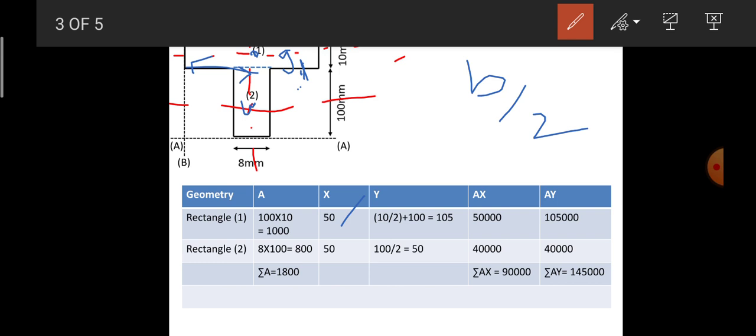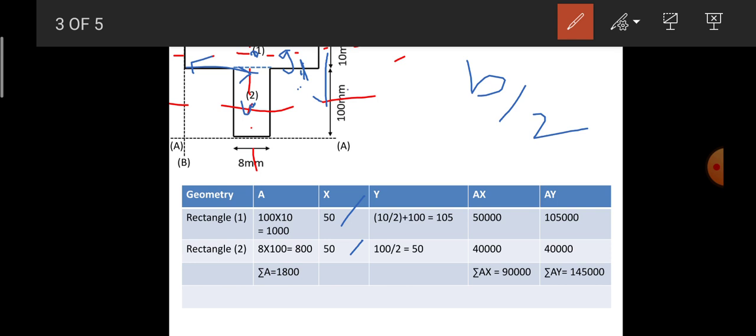The overall width is 100, so width by 2 is 50, so the distance here is equal to 50 mm. Similarly, since it is symmetric about the same axis, the x value for the second rectangle will be equal to 50 itself.